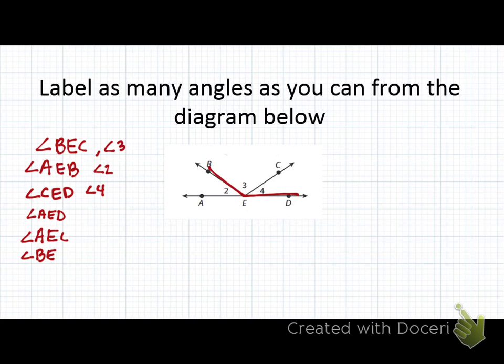And I don't think I could see any other angles. Alright, so those are all the angles. So there's a way you could look at those. Maybe I missed one. I don't think I did, but it's kind of fun to see a diagram and name all the angles.